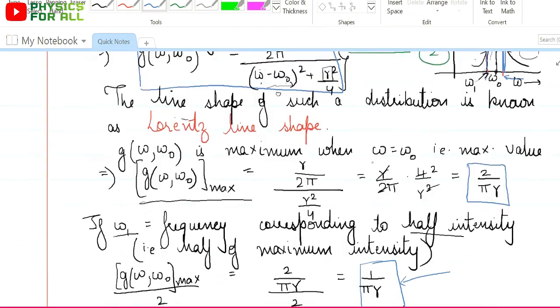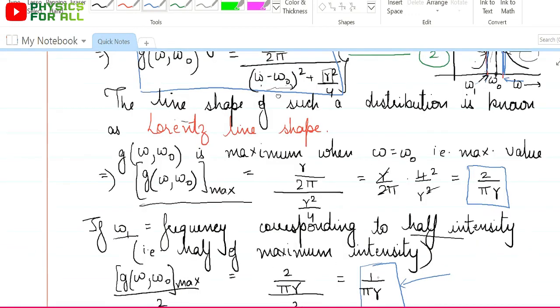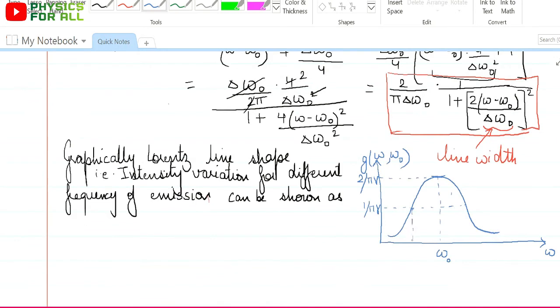Once again, 1 upon pi gamma. Now we know we are getting two frequencies here. One frequency would be a bit greater than omega naught, another one would be lesser. Both are the frequencies of half of the maximum intensity. That means omega 1. Both are omega 1.